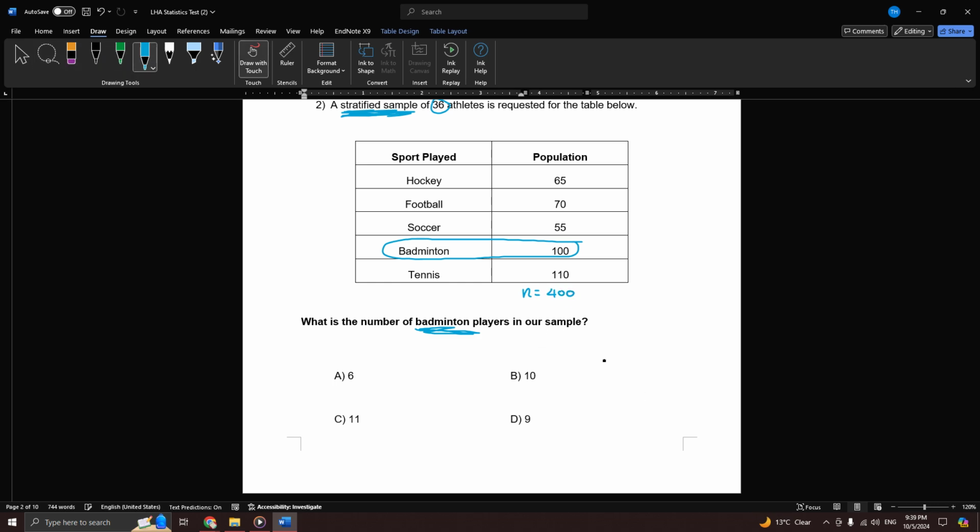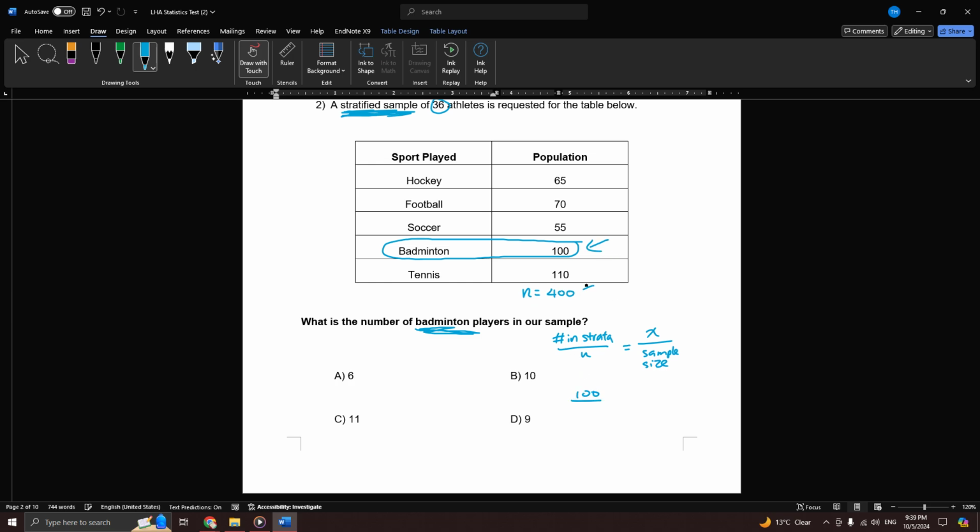So now let's use the formula that we've used countless times before. It's the number in strata over n, which is the population size. That's going to be equal to x, which is the number of people I want to sample in that strata, over the sample size. So number in strata, I've circled it already, it's 100.